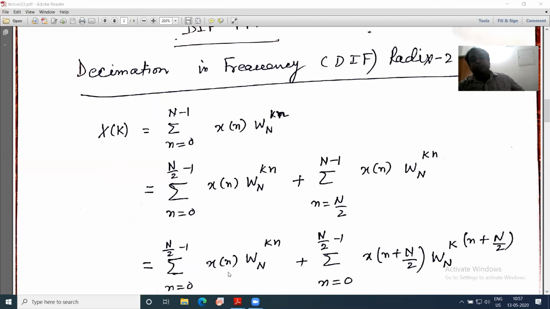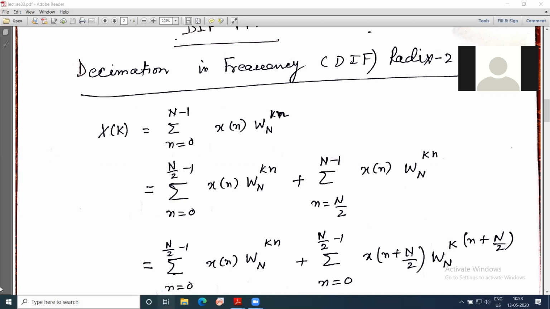Now I am dividing into two parts, n equal to 0 to N by 2 minus 1, and the next part will be N by 2 to N minus 1, x of n, W_N^kn. So I am dividing it into two different summations. Two different summations means these two added together should give you this summation. So I am writing summation n equal to 0 to N by 2 minus 1, x of n, W_N^kn, plus summation n equal to N by 2 to N minus 1, x of n, W_N^kn. That is your X of k. These two lines are same. Agreed?